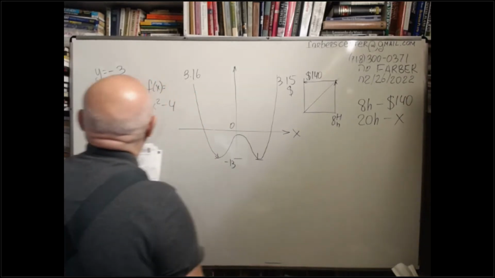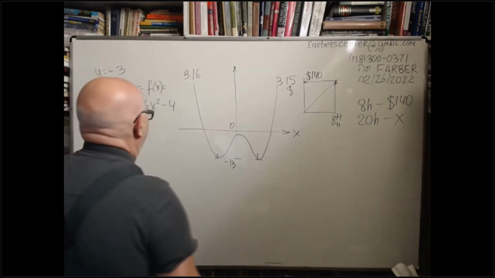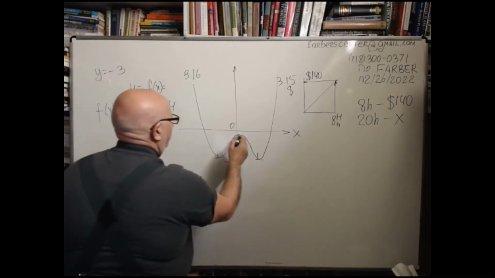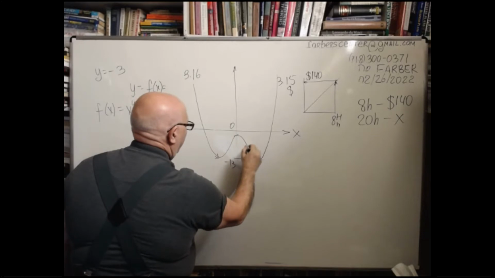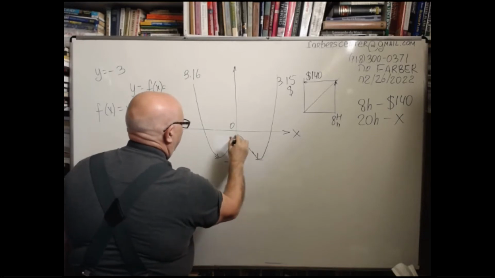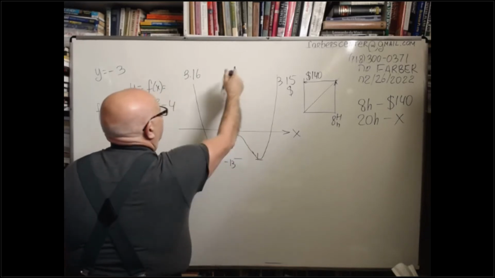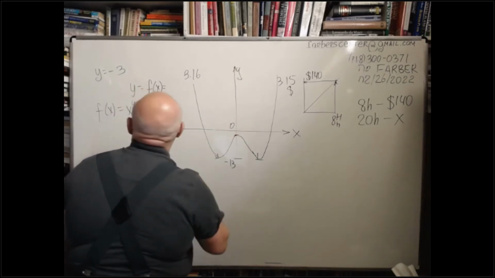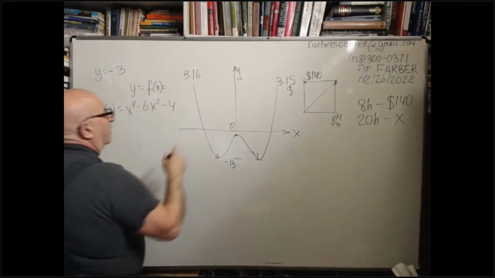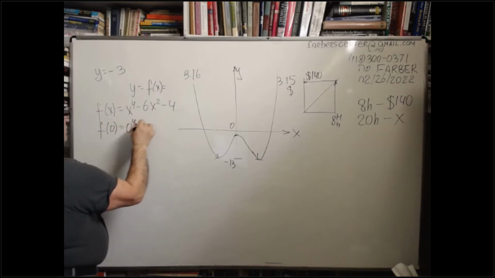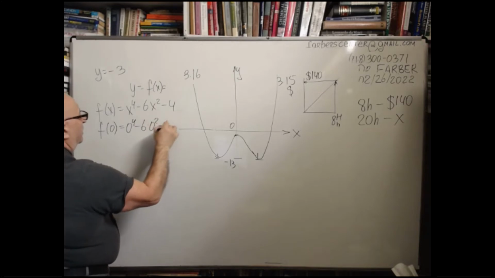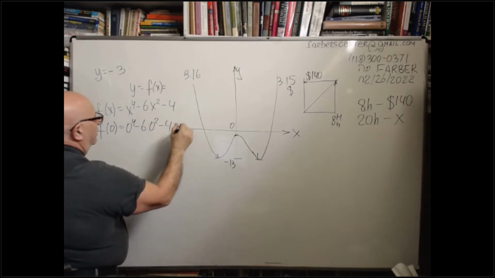Okay. Well, I can easily find it, it must be symmetrical. I can easily count this point. How? Since when x equals 0, y equals f of 0 equals 0 to the fourth minus 4 times 0 squared minus 4, which is -4.